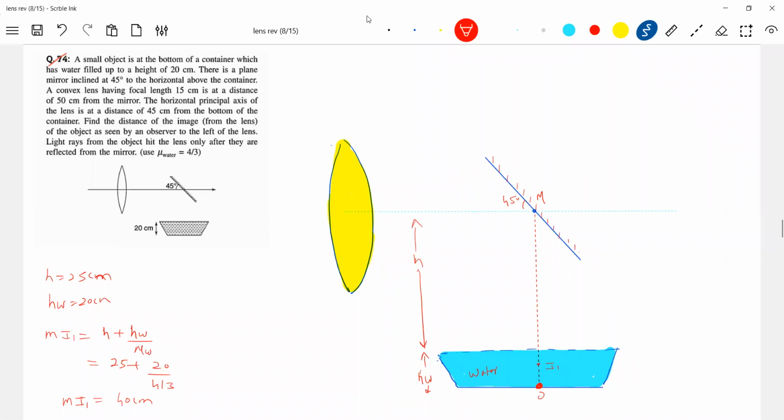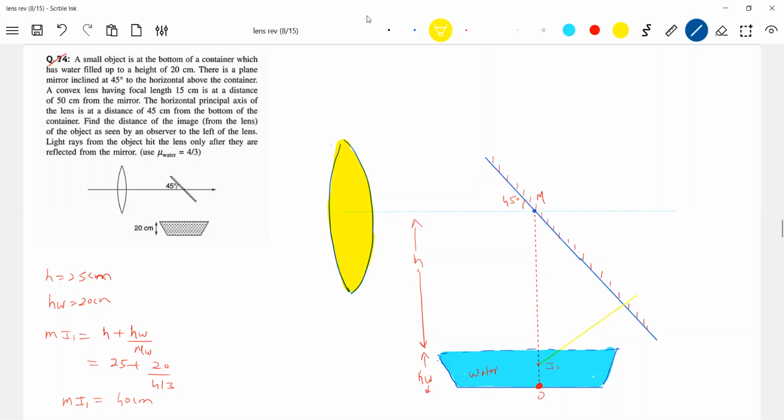This I1 will become the object for the mirror, where the image will be. Anybody can solve this problem. One will understand the diagram. Nothing is there. No, object distance should be equal to image distance, if you can recollect.